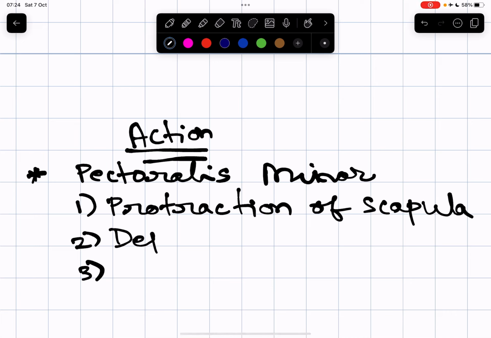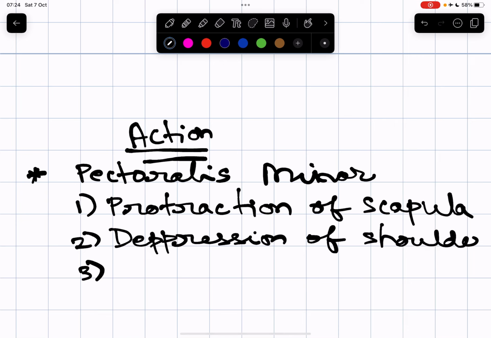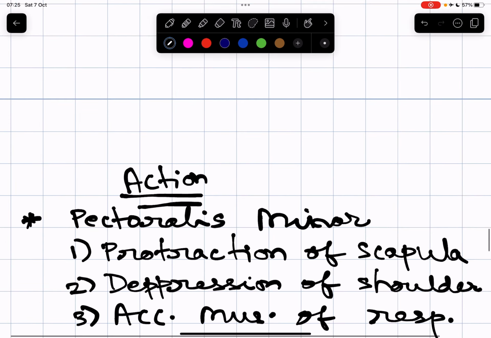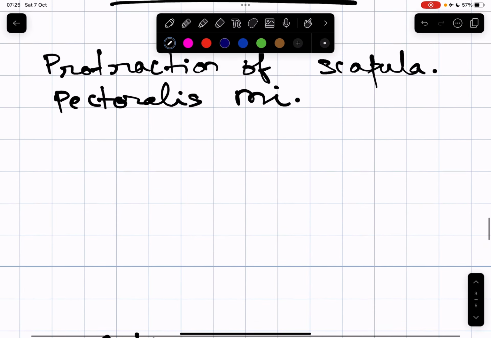Second action is depression of the point of the shoulder. Third, it's an accessory muscle of respiration. Kindly excuse me for not mentioning the action of pectoralis minor earlier. Please consider the action of pectoralis minor, I'm discussing it here. These are the actions of the pectoralis minor muscle.